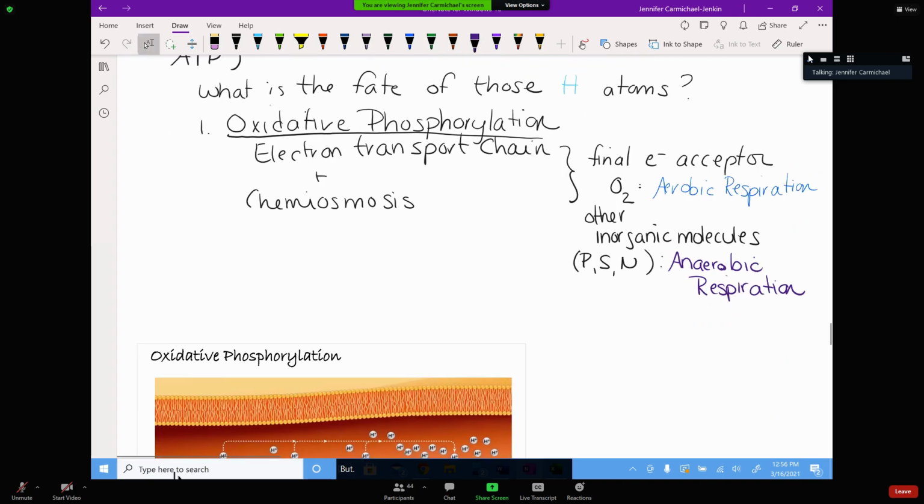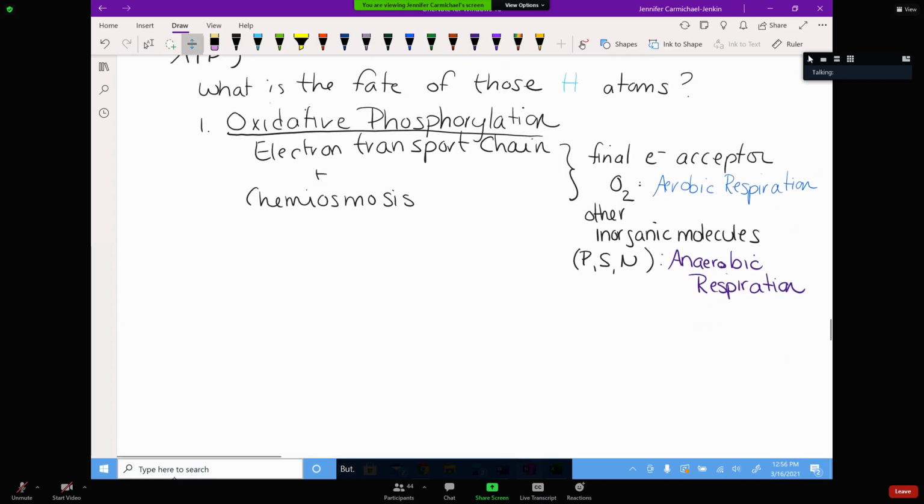But some cells do not use oxidative phosphorylation. There are a few reasons why they may not use it. Some organisms don't have an electron transport chain. They just don't have one. And some organisms, if presented without any oxygen, can go back and forth from oxidative phosphorylation to fermentation.